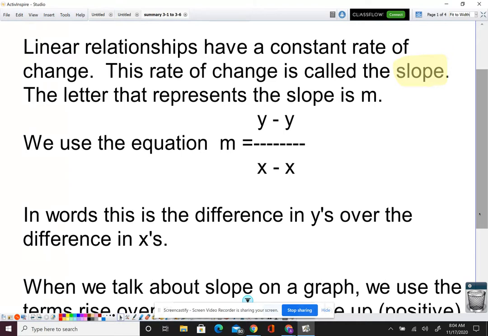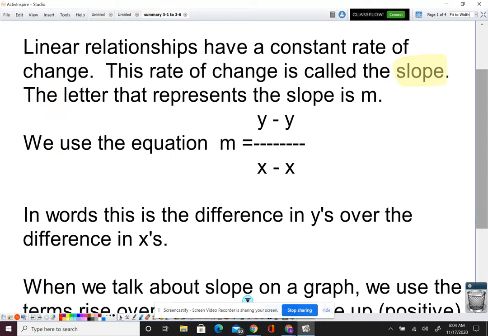Okay. So the whole chapter is on linear relationships. Linear relationships have a constant rate of change. That was what we first started with, looking at was there a constant rate of change? And if there was, it was called the slope. And the letter that represents the slope is m.